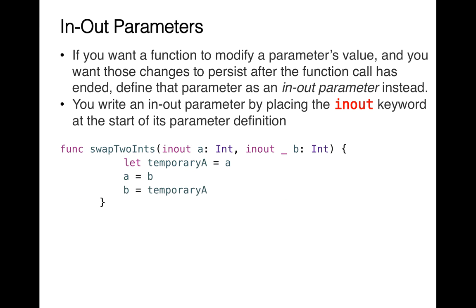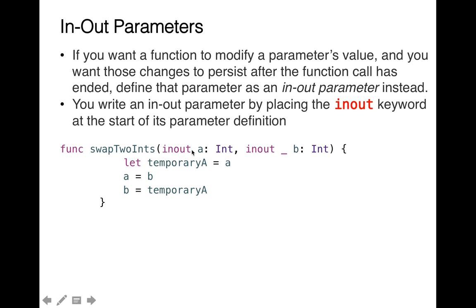See here. For example, we define a function here with parameters A, then B. In this one, we also have an external name here. But if we don't want to use an external name, generally we use an underscore, for the second parameter.